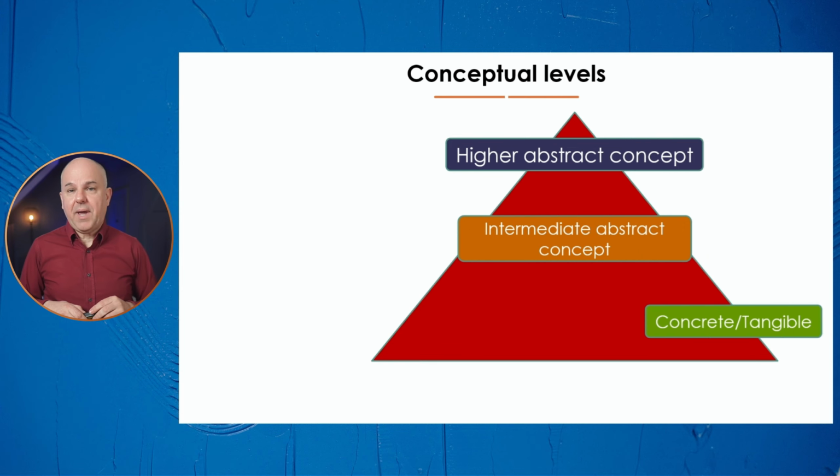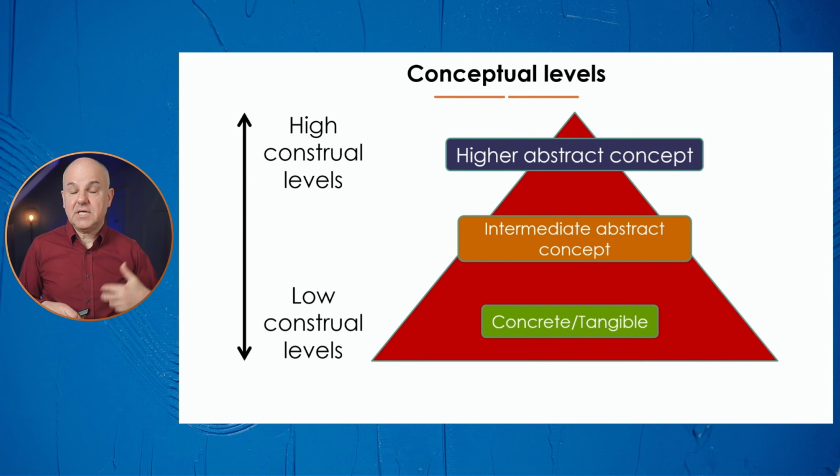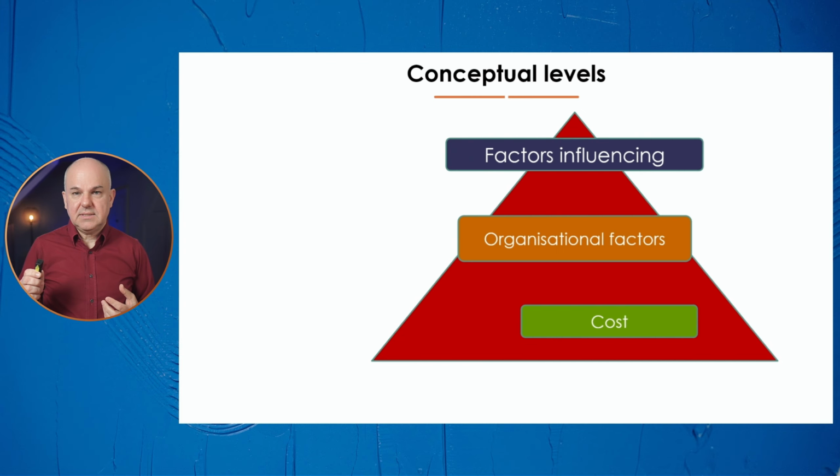So if we go back to what we already covered in terms of the construal theory, we can actually identify a hierarchy of abstract thinking where we have the concrete and tangible. In the previous example, it was the cost element.